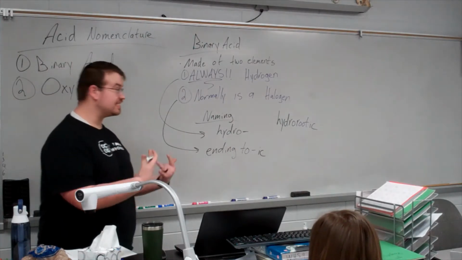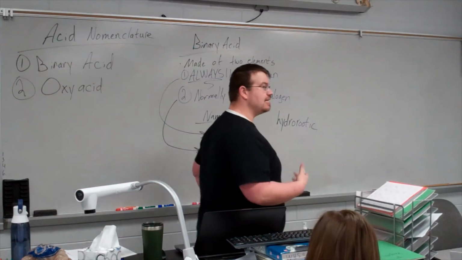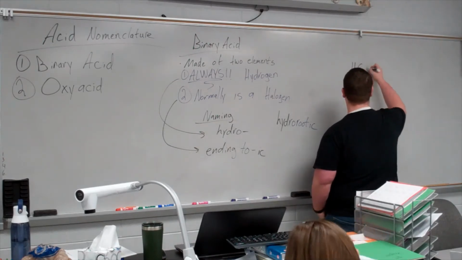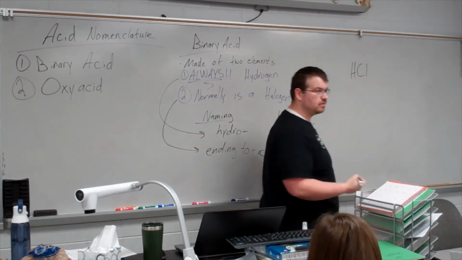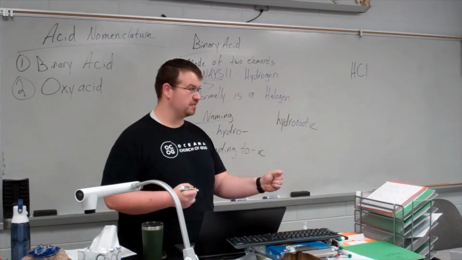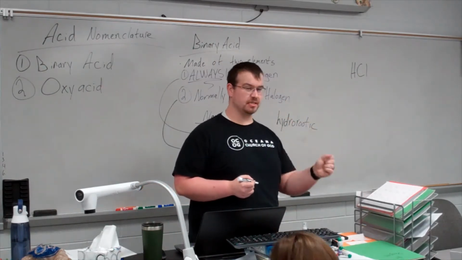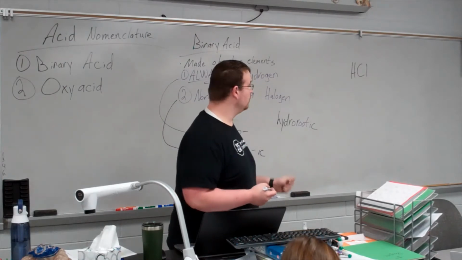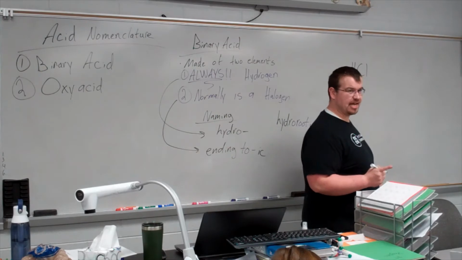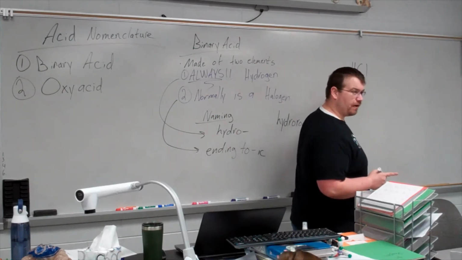A perfect example of this, you guys have all heard it before. HCl. Here's the key, and I'm literally going to give it to you. How do you know you're dealing with an acid? Look at the first element. Anytime in this class you're dealing with an acid, hydrogen will be first.